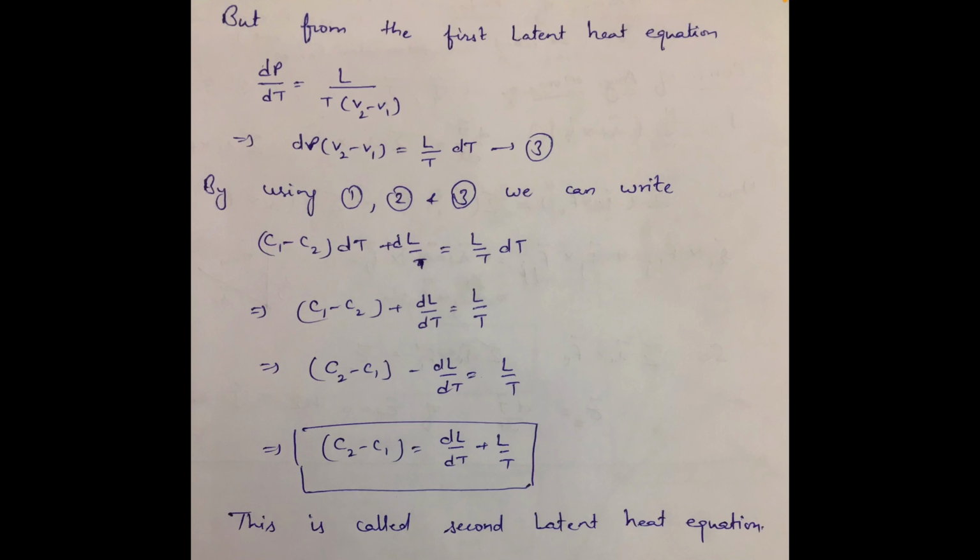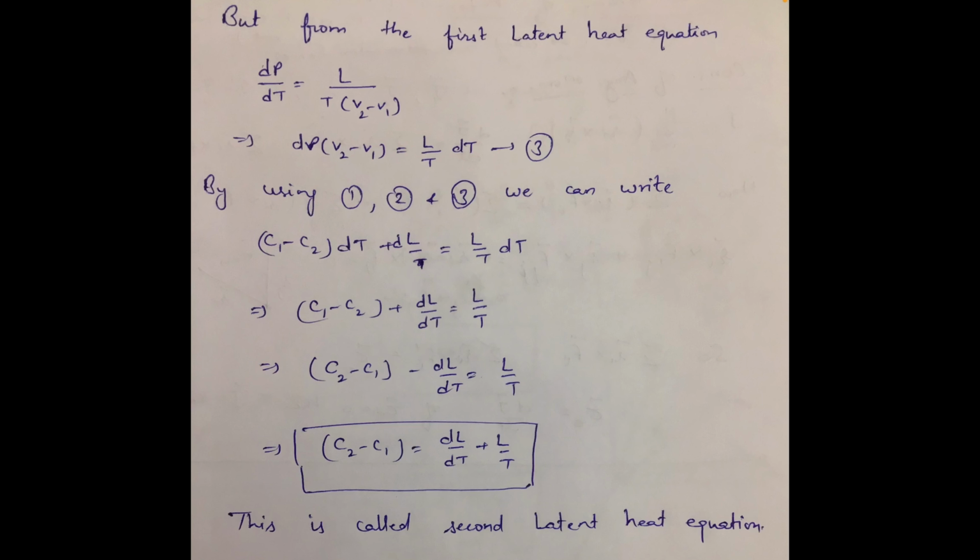If we put 1 equal to 2 equal to 3, we can write C1 minus C2 times dt plus dL, which was our first equation, will be equal to L by T dt, because from 3, L by T dt is equal to dP multiplied by V2 minus V1, while from 2 the net amount of heat absorbed is dP multiplied by V2 minus V1, which should be equal to equation 1.